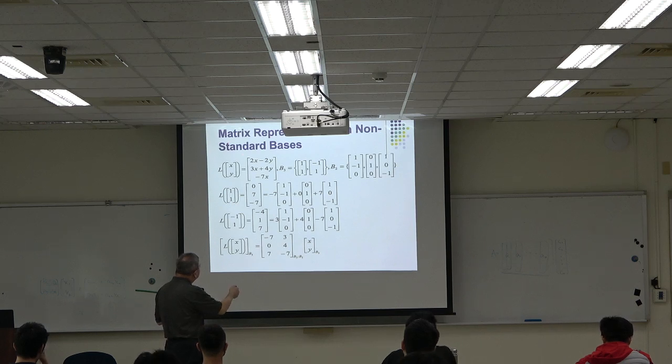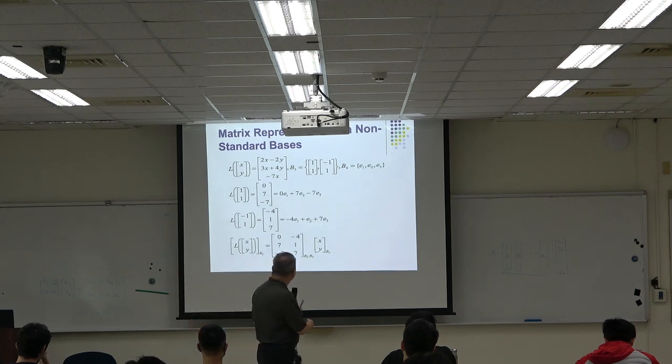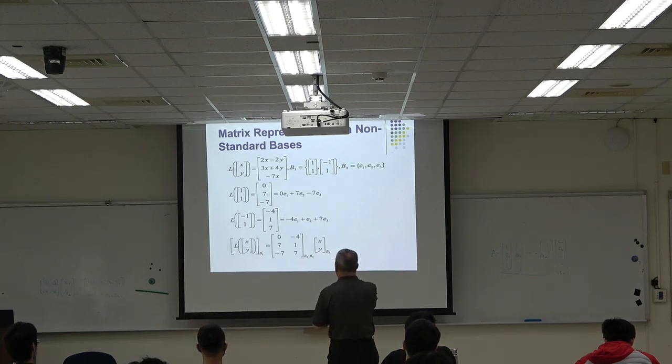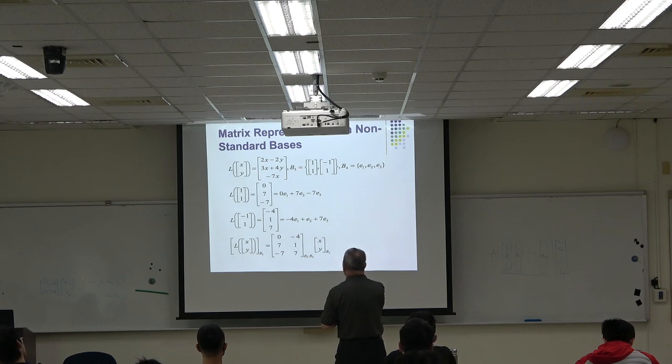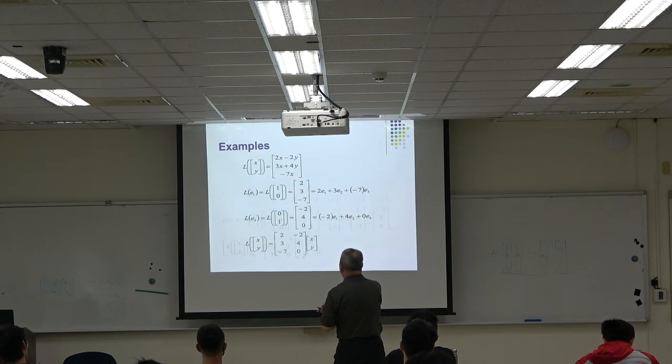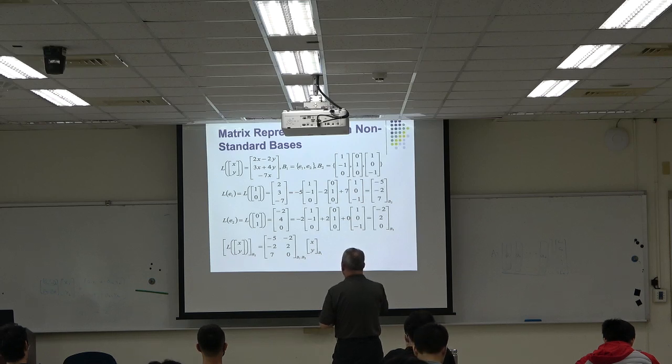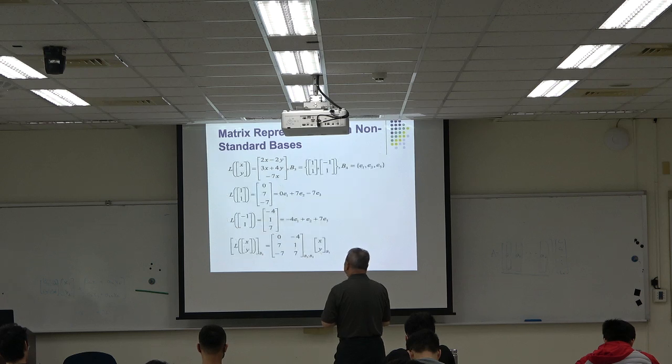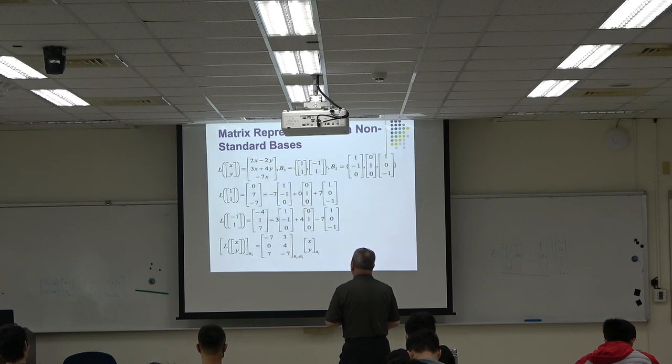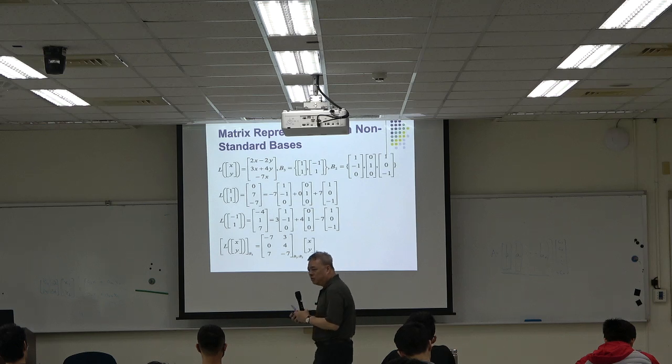For R square we use this basis B3, and for R cube we use B2. B2 has been used previously. So we have used these two non-standard bases previously. It's just that now we put them together in one example.